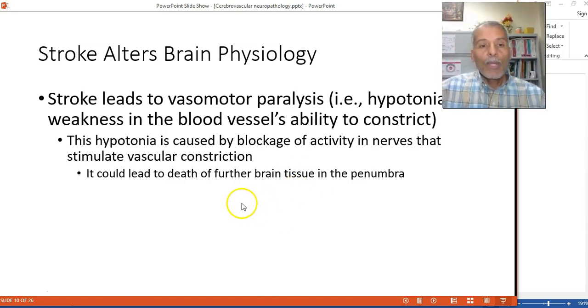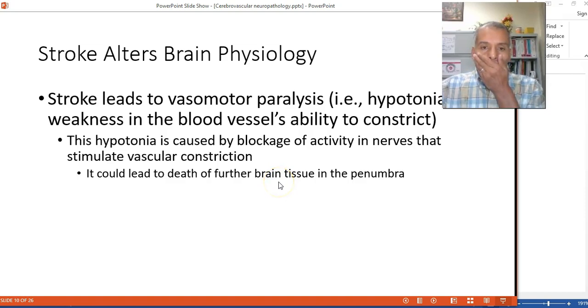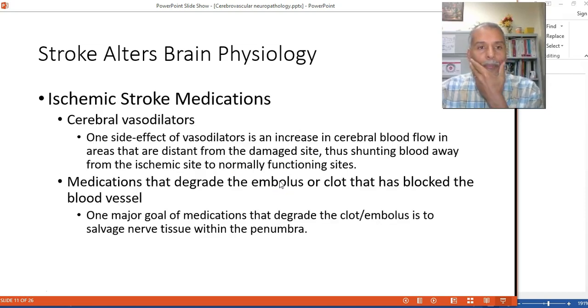They are dead. So that could lead to death of further brain tissue in the penumbra if that issue is not resolved. The tissue in the penumbra could be dead if it goes beyond a certain number of hours. So the medications typically given for a stroke include cerebral vasodilators, which dilate the blood vessels, for example.